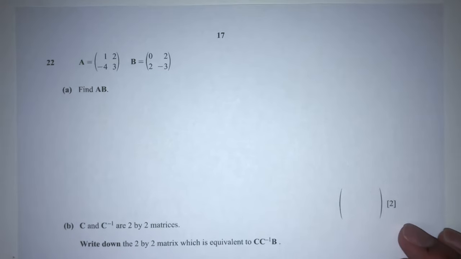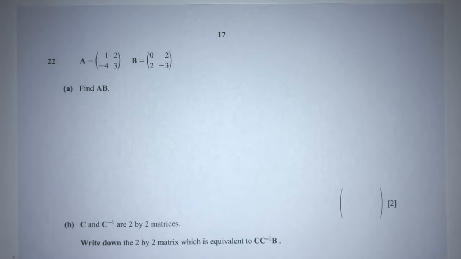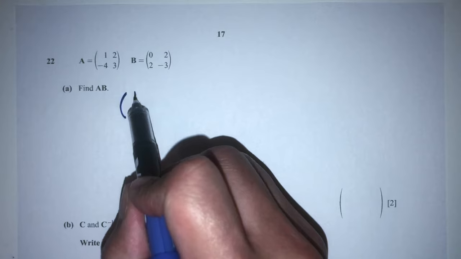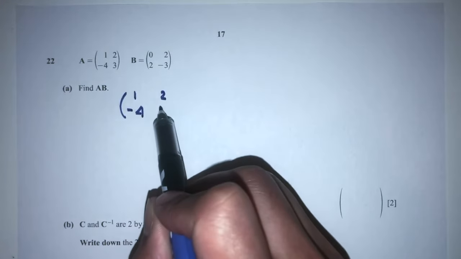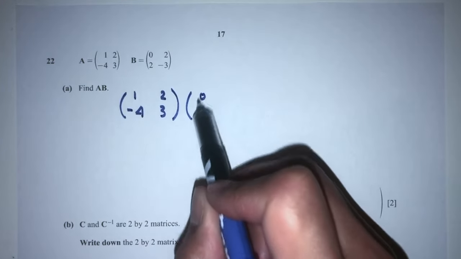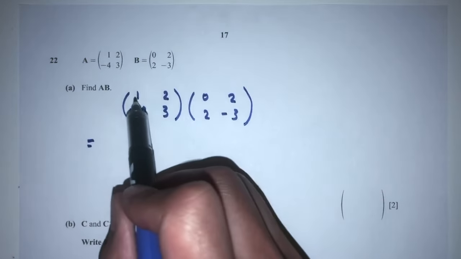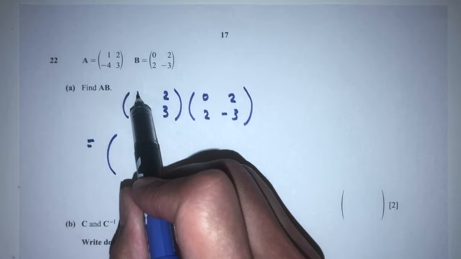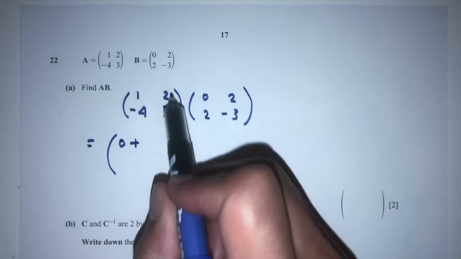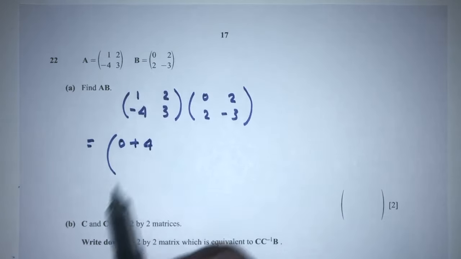Let's move on to question 22. So we have to find AB, so pretty easy. (1, 2; minus 4, 3) is A, and (0, 2; 2, minus 3) is B. To multiply matrices, we have to do row by column. So 1 times 0 is 0, plus 2 times 2 is 4.